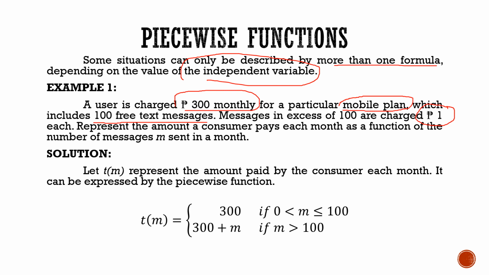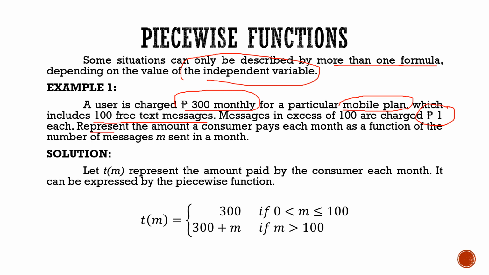So if after a month the total text messages that we sent is 105, meaning to say, there is an additional 5 pesos to our monthly payment because 1 peso will be applied to each excess text message.